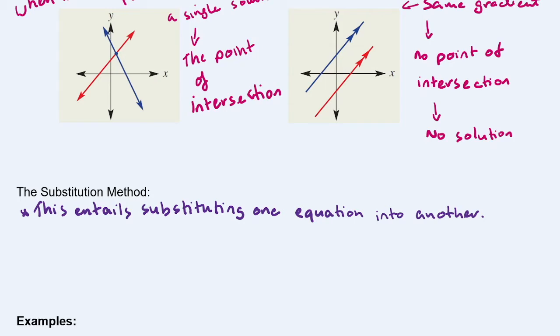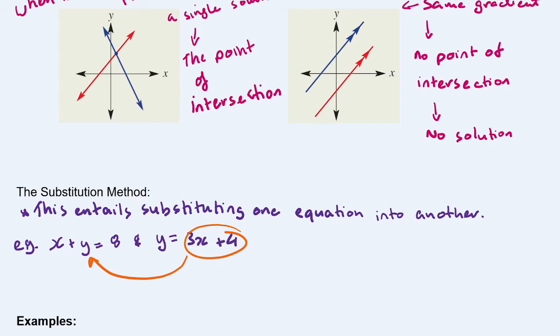As an example, if we have x plus y equals 8, and we have y equals 3x plus 4, then we actually know something about the value of y. We can substitute in that expression from that equation, because that's what y equals, into the other and solve it just like normal algebra.